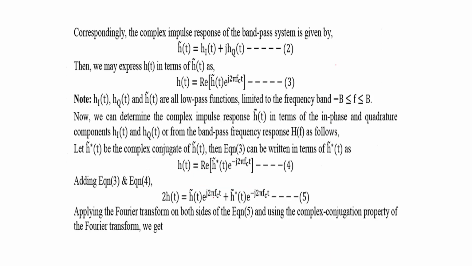Next, h of t can be represented in terms of the complex envelope, that is the complex impulse response of the bandpass system, since we are considering h of t as the channel impulse response. So h tilde of t equals hi of t plus j times hq of t. That is equation 2.